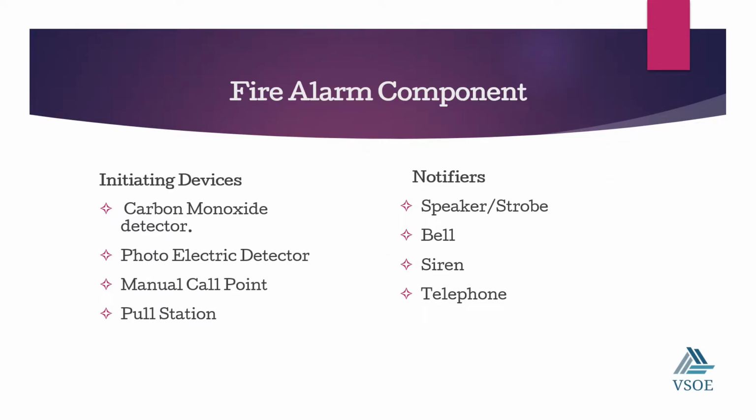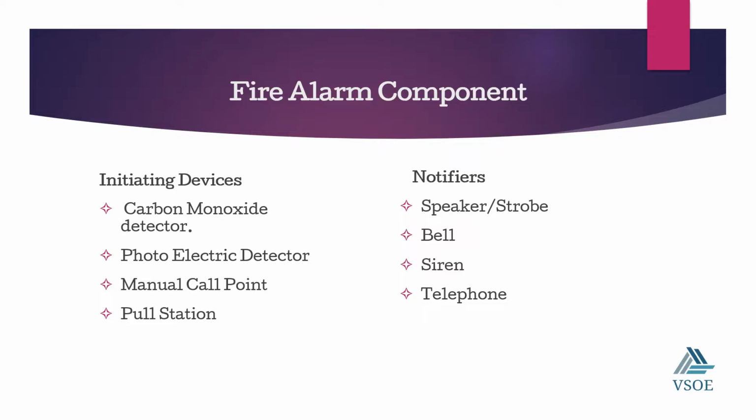Now, first, for a fire alarm system, we have two major components, and that includes an initiating device and a notification device. All right, so within initiating devices, we have carbon monoxide detectors.